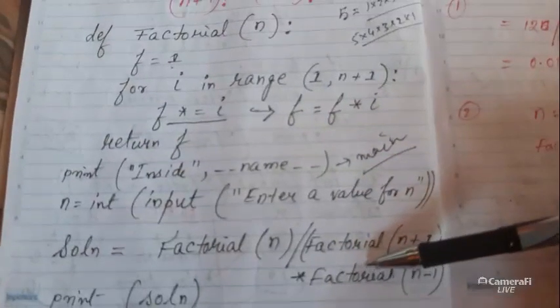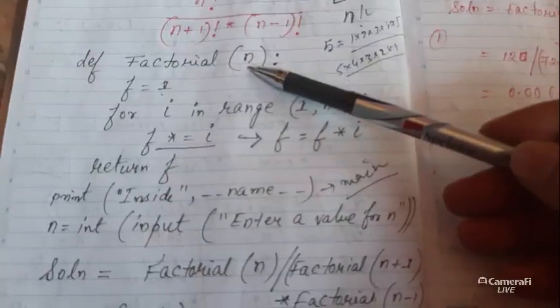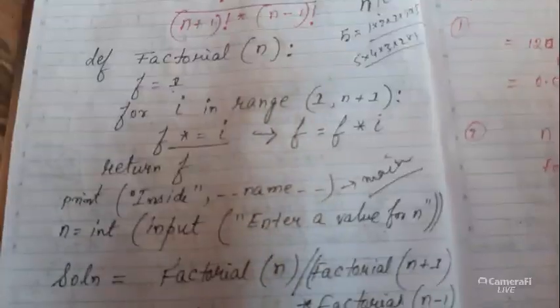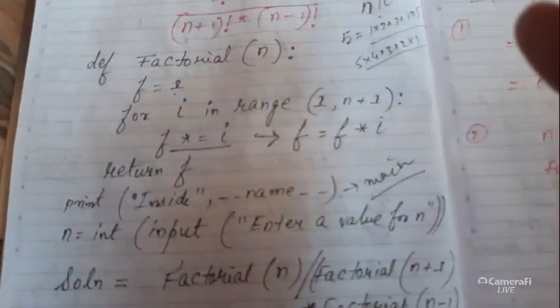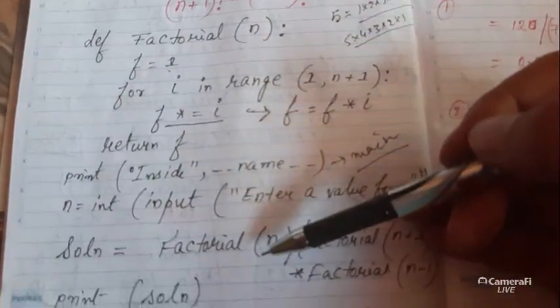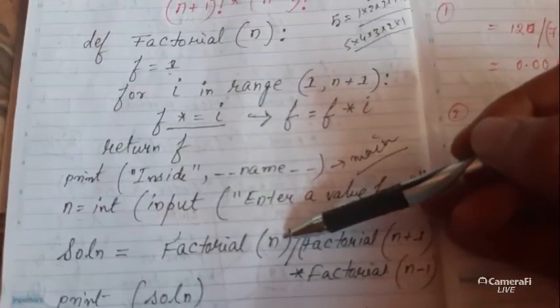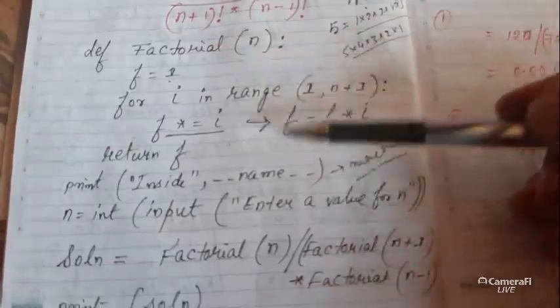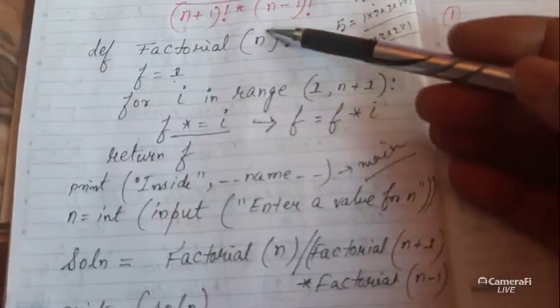So again I am repeating, when you are calling any method or function, you can send a direct value to it. Direct value means if you write factorial of 5 directly, that can be sent. If you write any variable, that can also be sent.